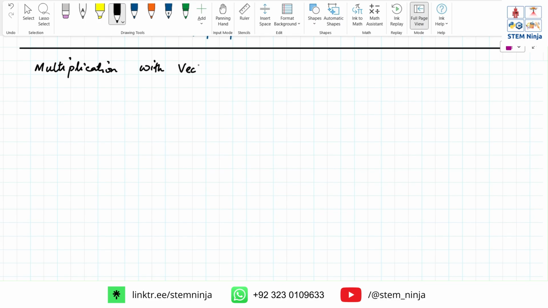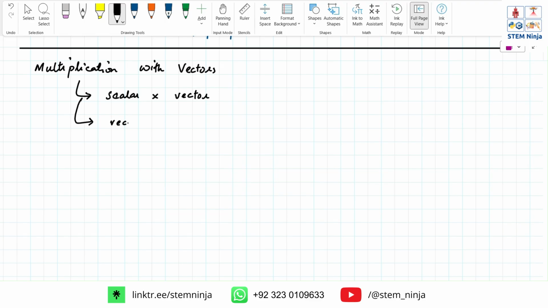Now there are different possibilities. One possibility is that you have a scalar multiplied with a vector. We will see that in a second. But for a vector multiplied with a vector, there are two possibilities.